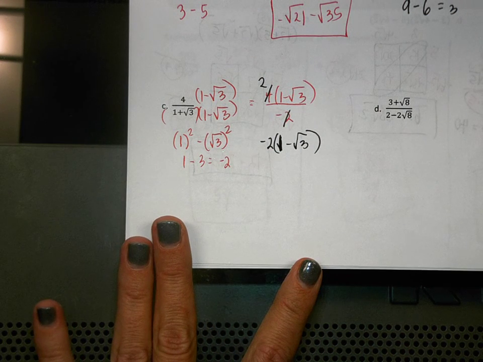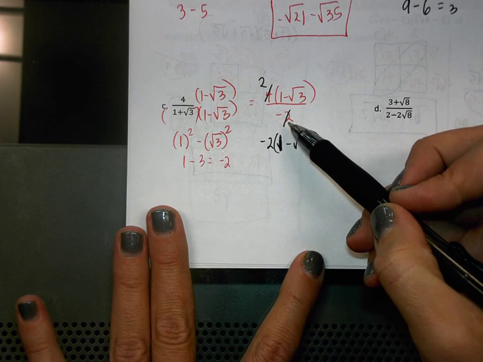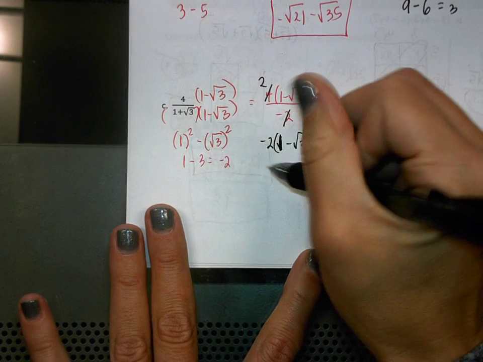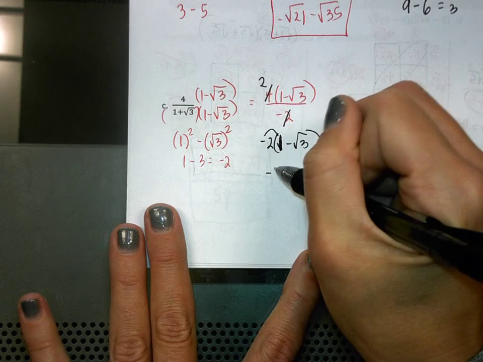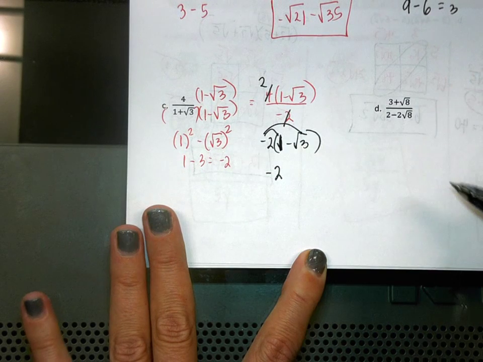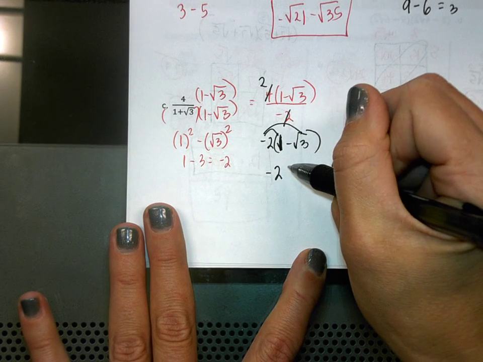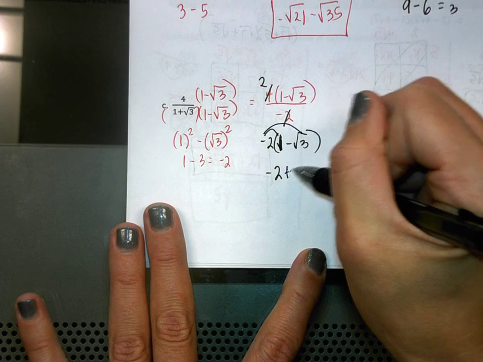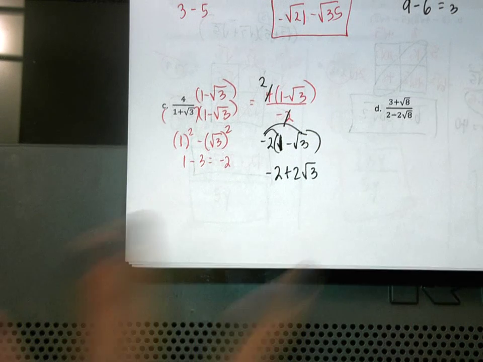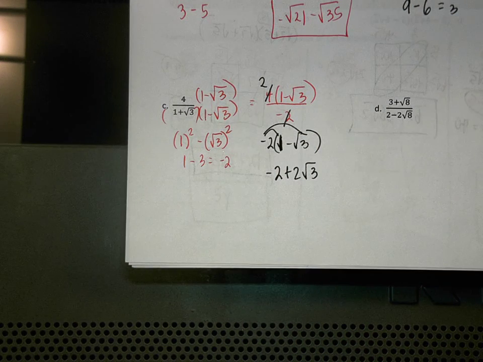Okay, so just don't forget about that negative. And then we distribute it, so negative 2 times 1 is negative 2, and negative 2 times negative root 3 makes, good, positive 2 root 3. So remember that you only multiply numbers that are not in roots together and numbers that are in roots together.